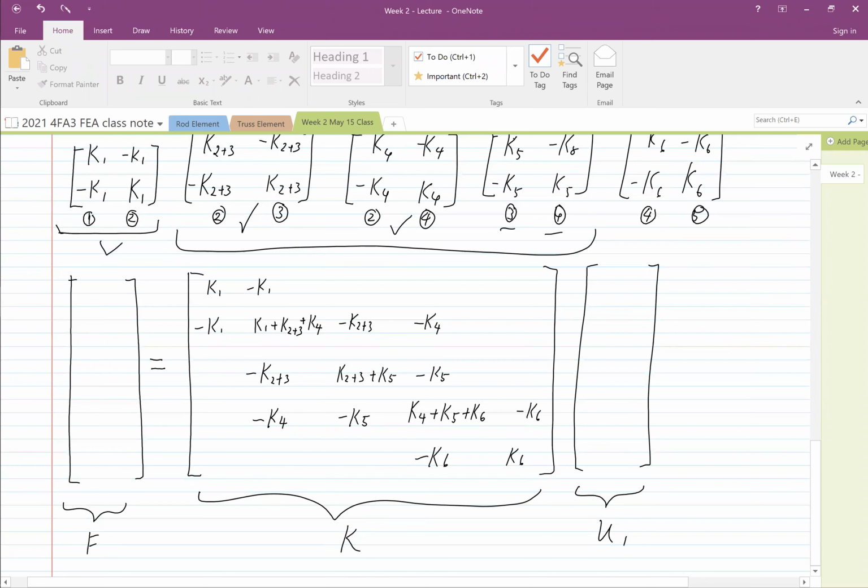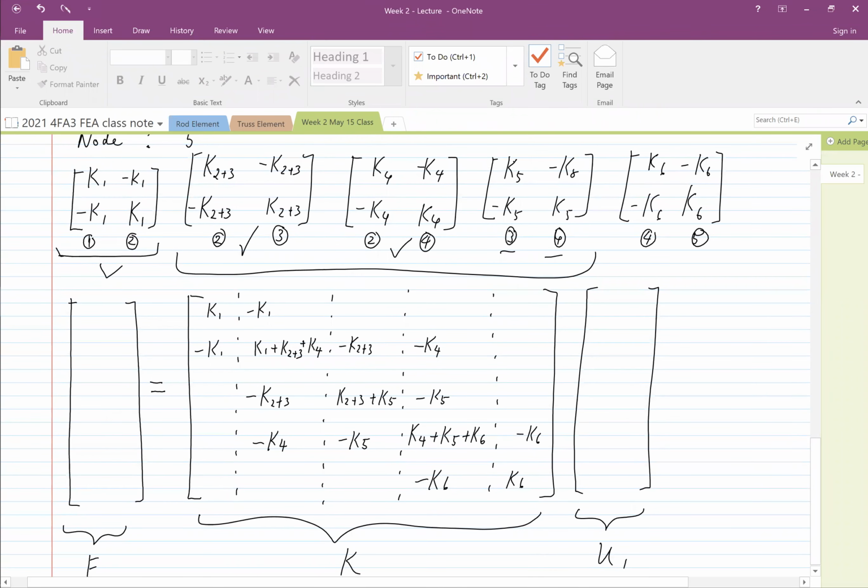Any questions? Could you explain how you join the K4 again? Each column looks after one node. This column looks after column 2.